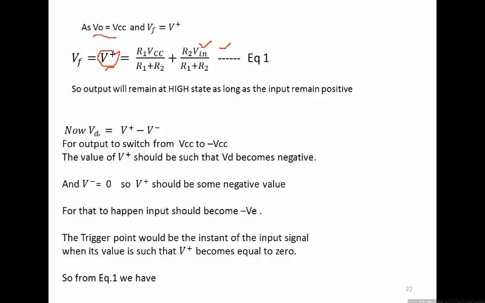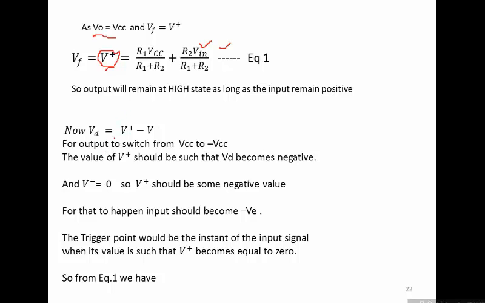Now with Vd equal to V plus minus V minus, for output to switch from plus VCC to minus VCC, the value of V plus should be such that Vd becomes negative. So when Vd becomes negative, from this equation you can see that as V negative is 0, Vd would be equal to V positive.